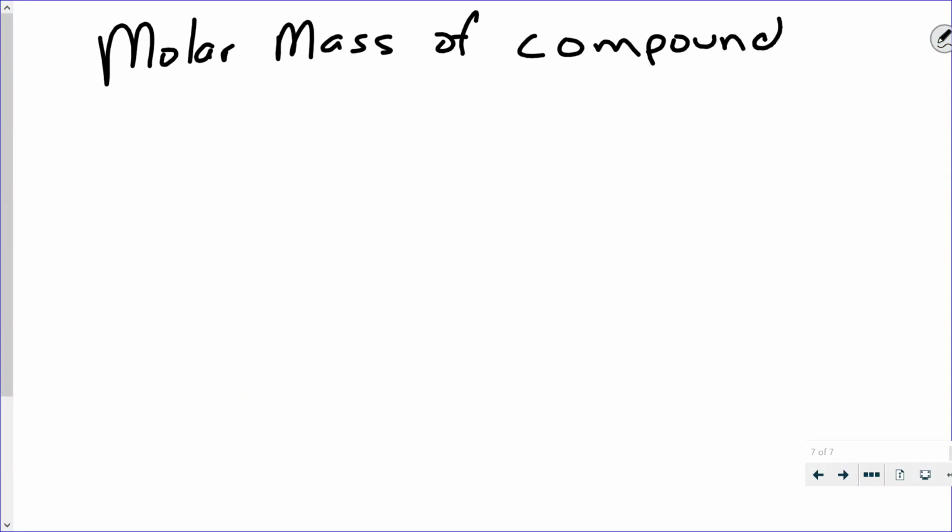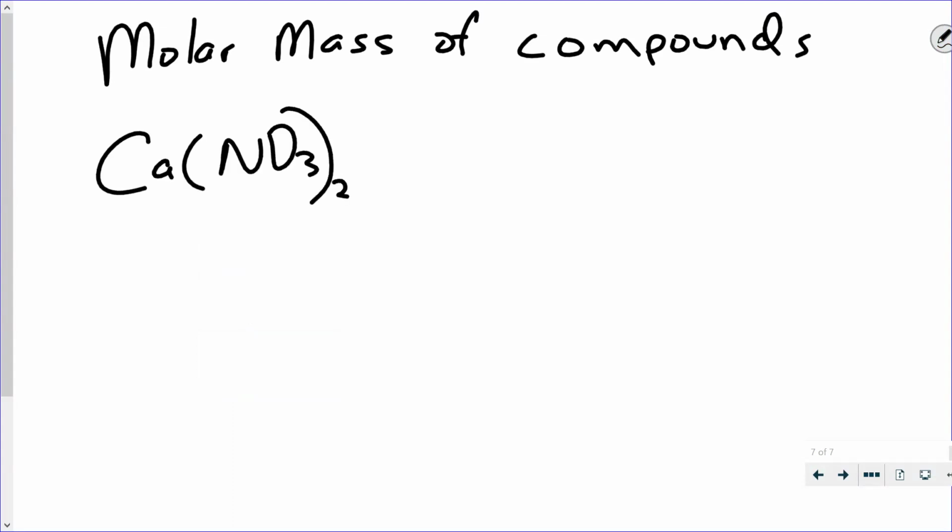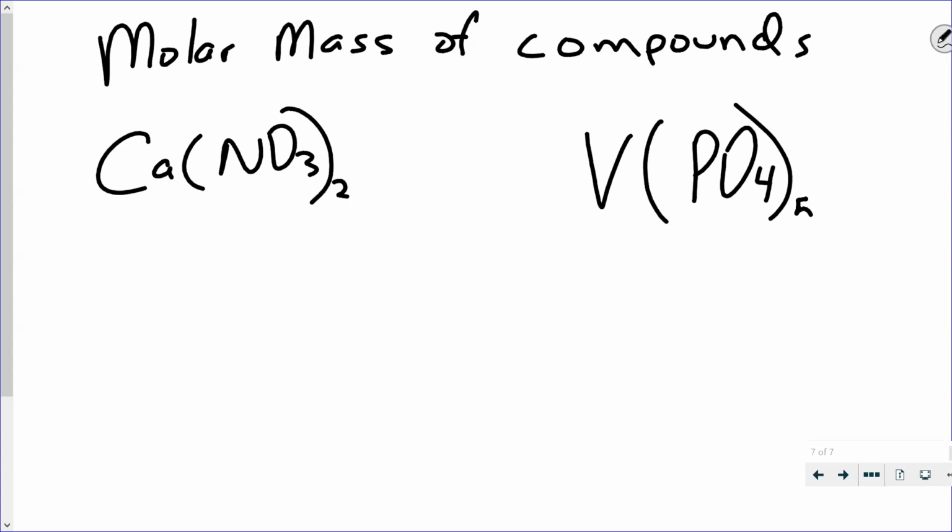So we're going to do a difficult one, Ca(NO3)2. And there's a two there. How about this one? V3(PO4)5. You get these, you set these up correctly, you'll be fine.